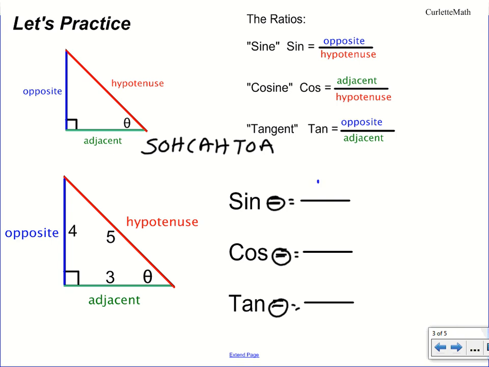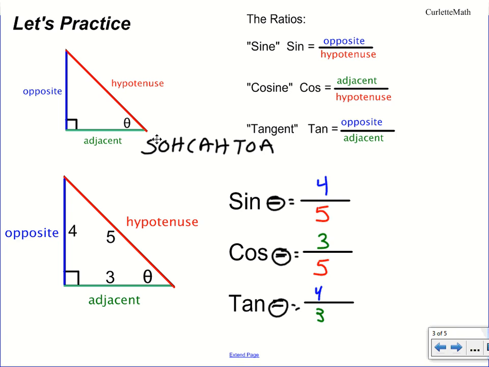Our opposite side length is 4. Our hypotenuse side length is 5. Cosine, CAH, is adjacent. So our adjacent side length is 3, and our hypotenuse side length is 5. TOA, our tan, is opposite, so that has a side length of 4, and our adjacent has a side length of 3. And those will be our three ratios for sine, cosine, and tangent, given our side lengths of a 3, 4, 5 triangle.